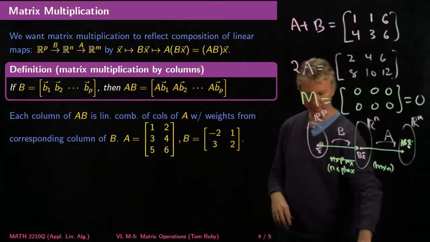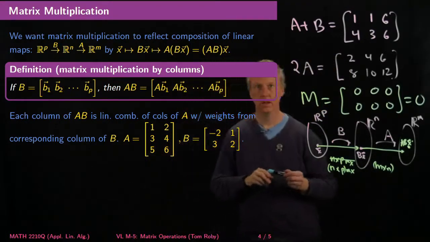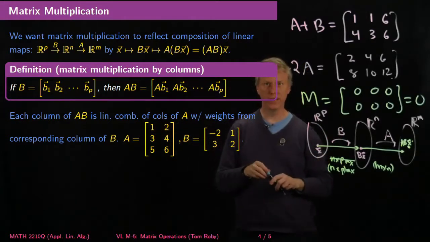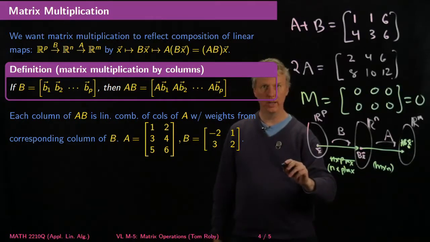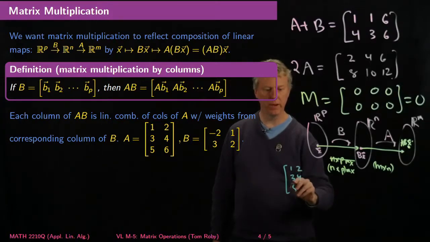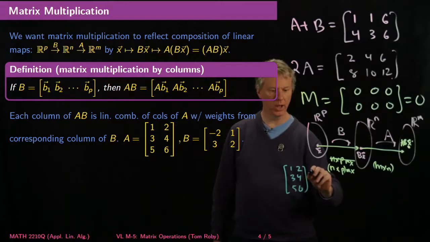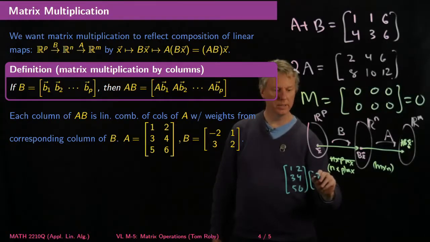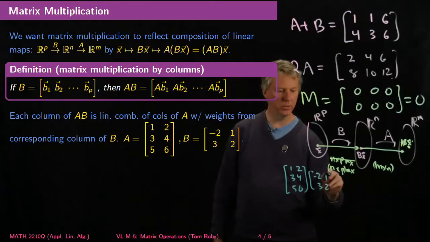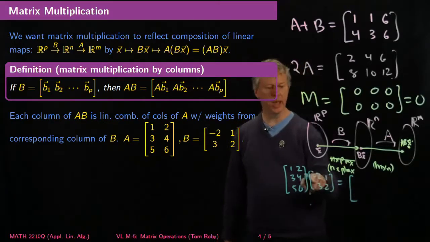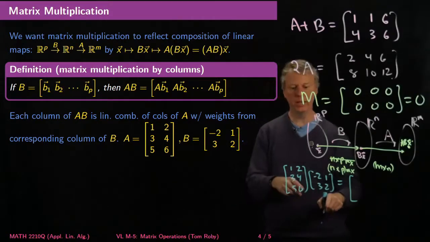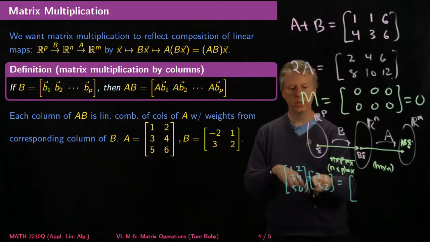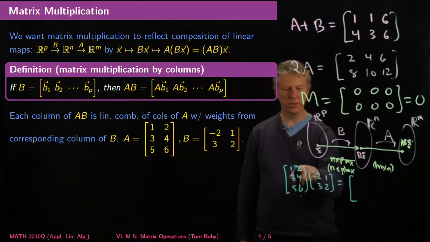Okay, so let's look at an example. Suppose I want to multiply this matrix A, 1, 2, 3, 4, 5, 6, very generic, times the matrix B, with columns (-2, 3) and (1, 2). Does that even make sense? I need to take the -2, 3 combination of these two columns, so -2 times this column plus 3 times this column.